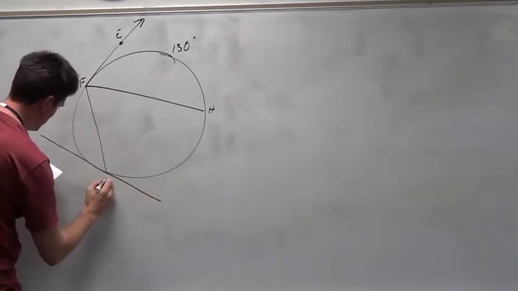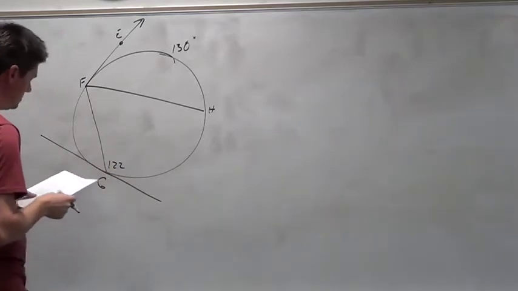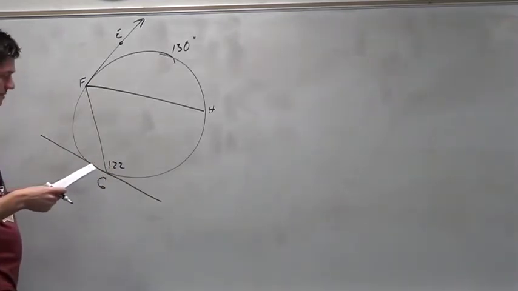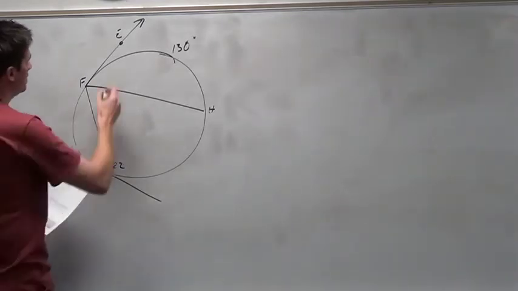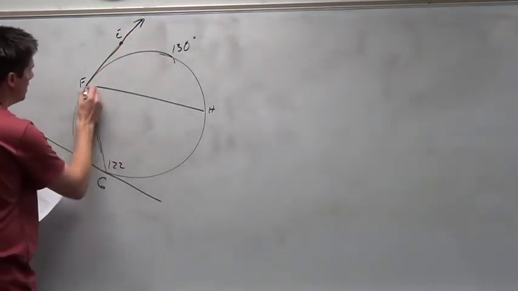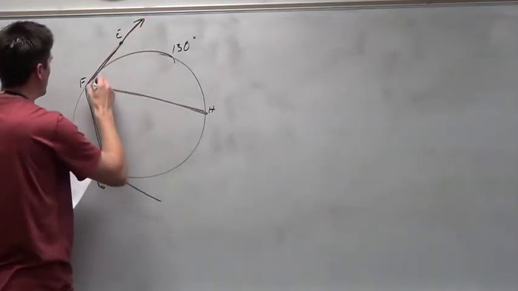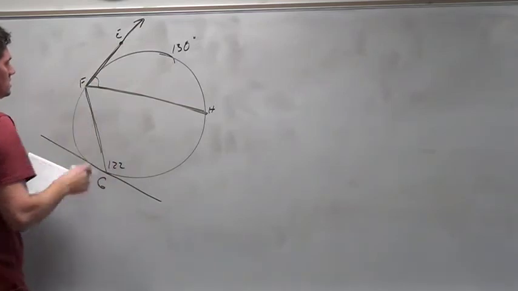This is G, the point of tangency, and it says this is 122 degrees. It says find the measure of angle EFH. So E from here, EFH. We want to know what this is right here. This angle.